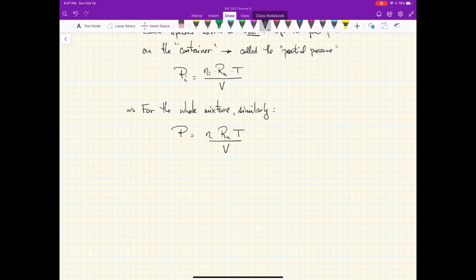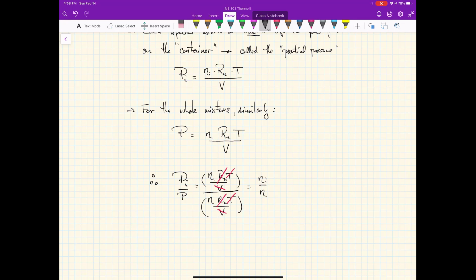And for the whole mixture, similarly, as we've established, it is itself an ideal gas, so it must also be true that the total pressure that we would measure, if we were to sense the total pressure of the combination of all these ideal gases within the container, must be equal to the total number of moles within that container times the universal gas constant times the temperature of the container divided by the volume of the container.